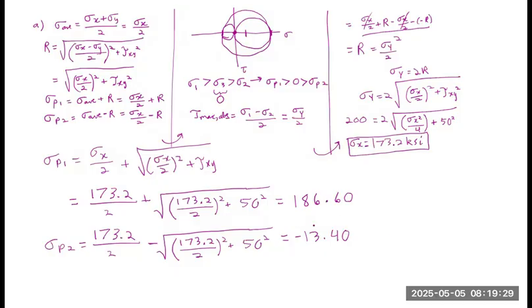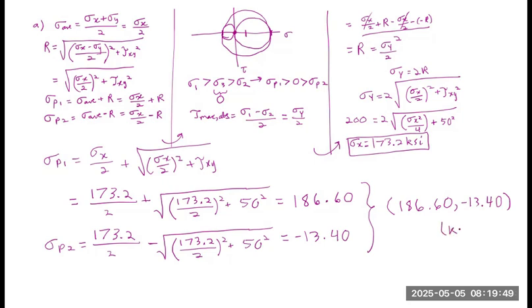Calculating our values for principal stress 1 and principal stress 2, we see that the coordinate on the maximum shear stress graph is going to be given by 186.60, comma, negative 13.40 in KSI.